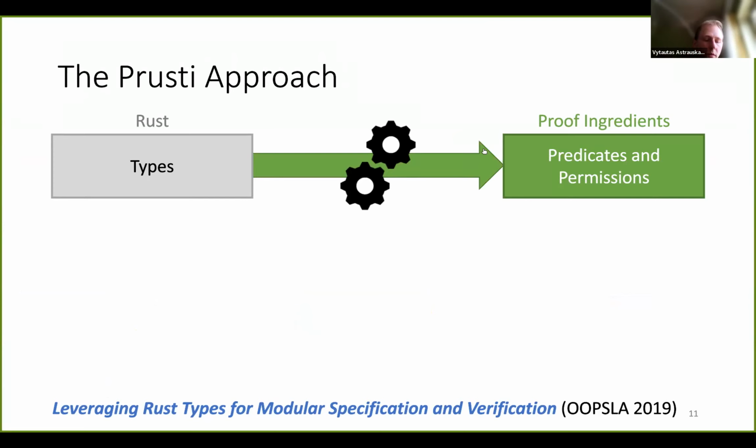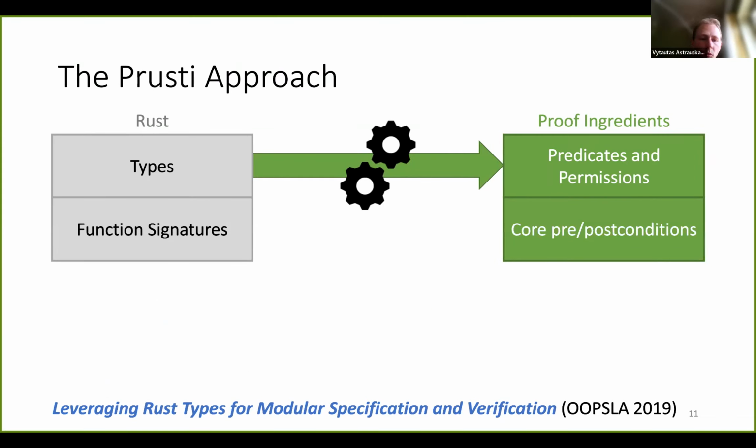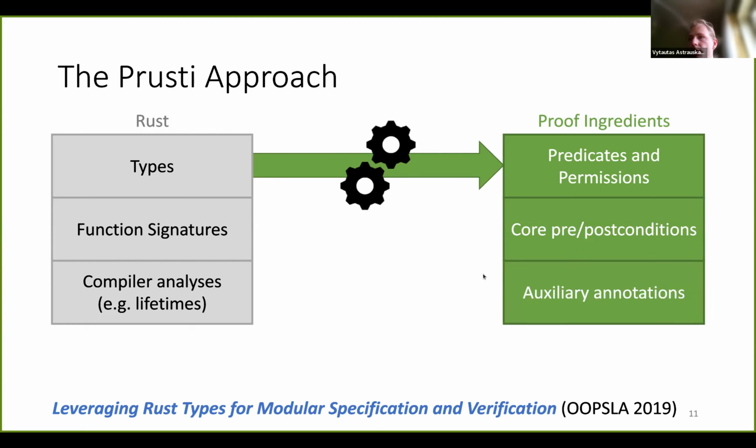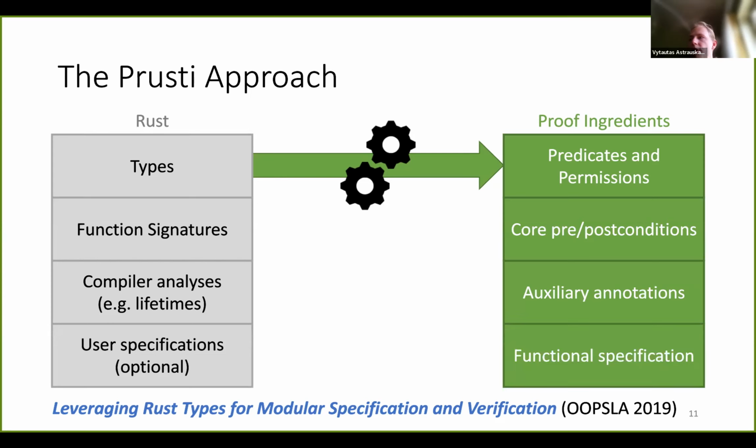We take the Rust information and automatically generate the proof ingredients necessary for proving programs correct. From types, we generate predicates and permissions. From function signatures, we generate permissions, preconditions, postconditions. From compiler analysis, like lifetime analysis, we generate auxiliary annotations. And from optionally provided user specifications, we generate functional correctness. So that's the high-level approach.